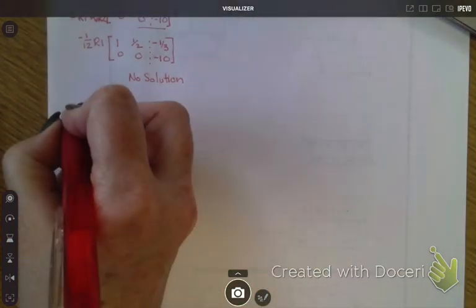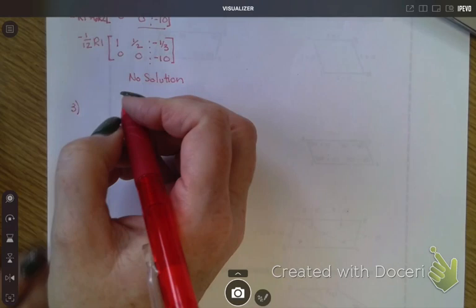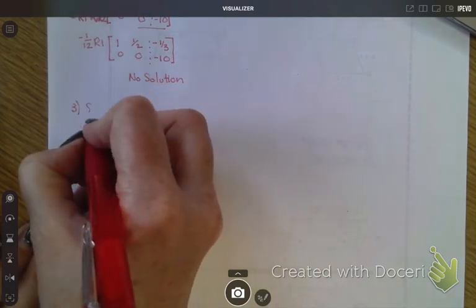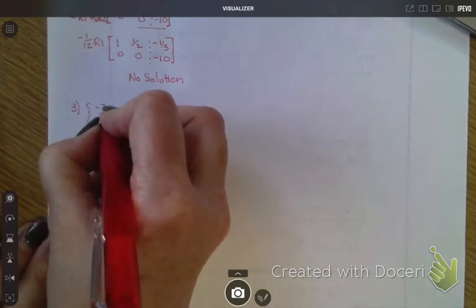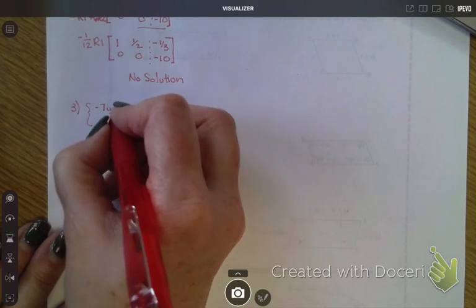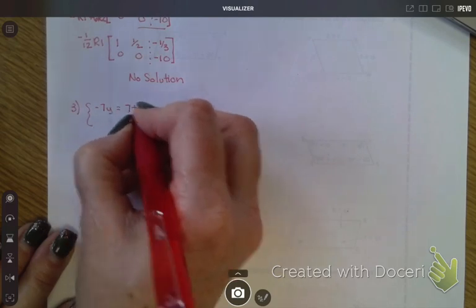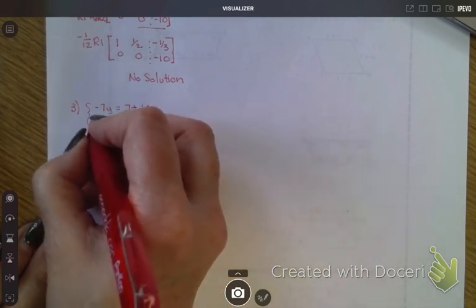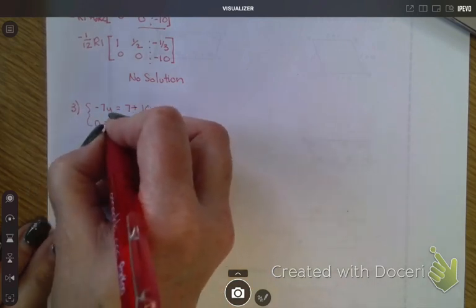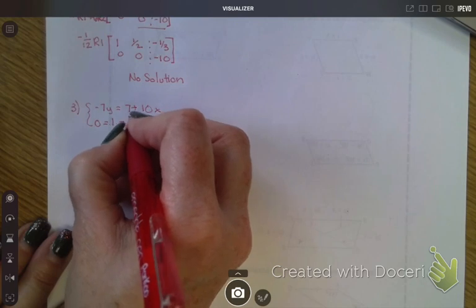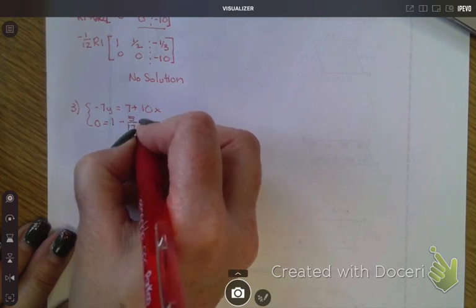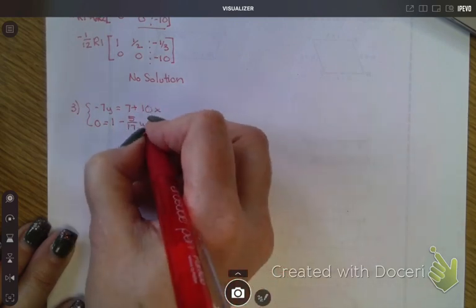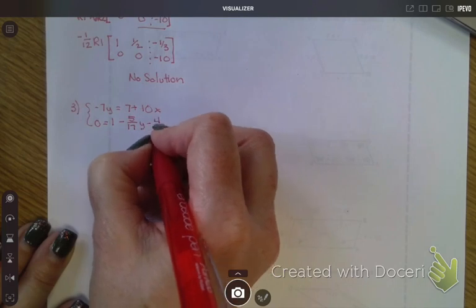Okay, 3 is negative 7y equals 7 plus 10x. And 0 equals 1 minus 5/17 y minus 4/17 x.